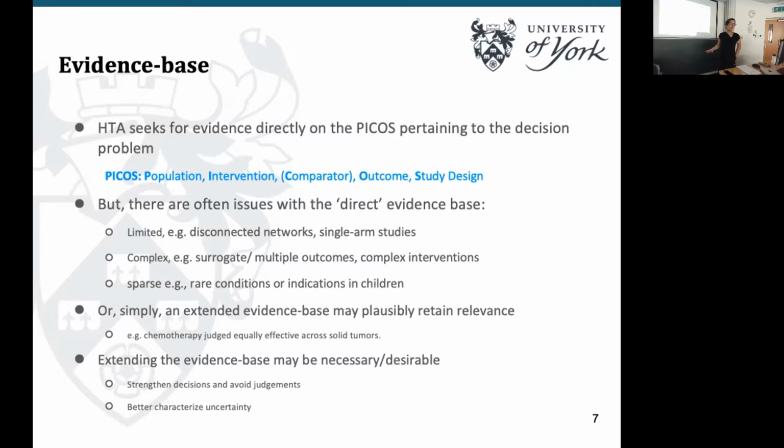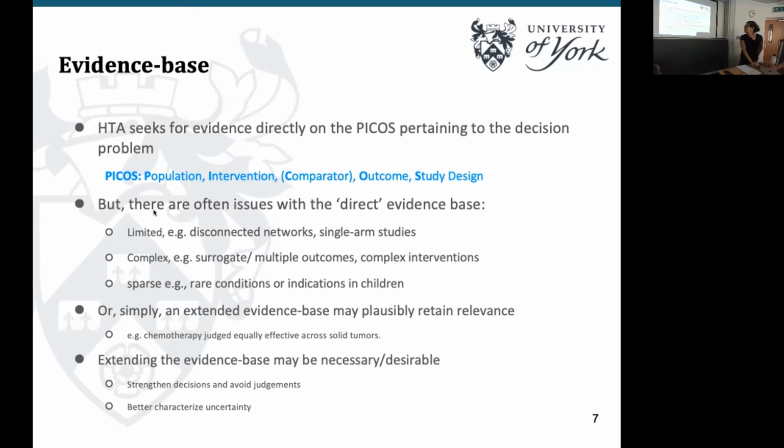So one of the key aspects is that in these assessments, these HTA, health technology assessments, evidence is sought directly on the PICOS. I don't know if you've come across this term, pertaining to the decision problem. That means we only include evidence on the population of interest, on the intervention and comparators of interest, on the outcome of interest, and with a particular study design, which is usually an RCT as the preferred study design.